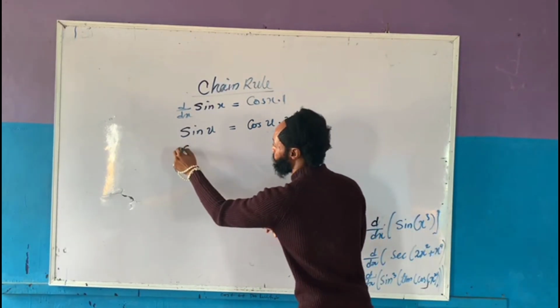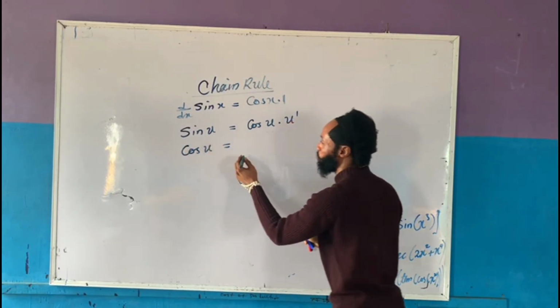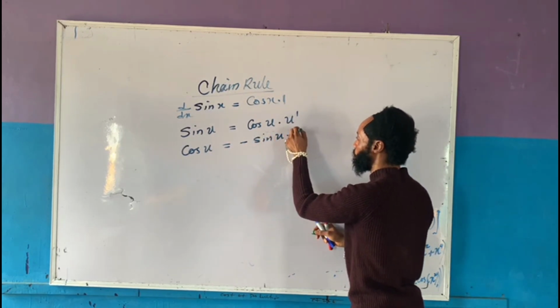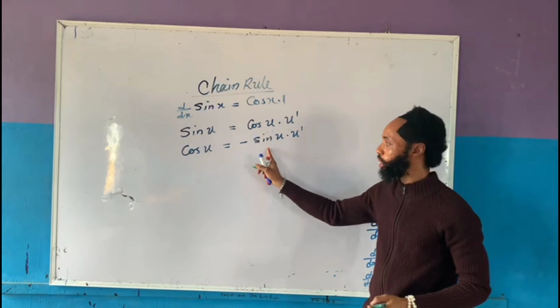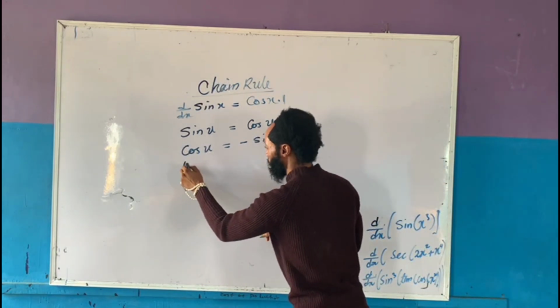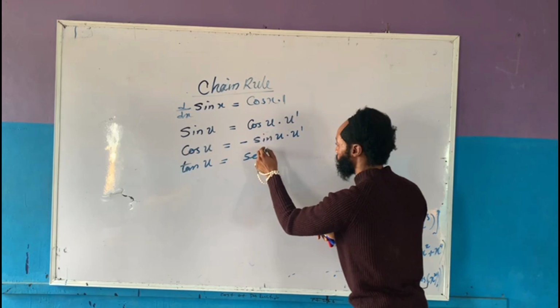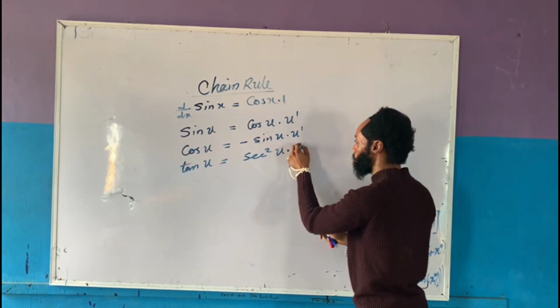The same thing goes for cos u. It's going to give us negative sine u times u prime. If you go to tan u, you get sec squared u times u prime.